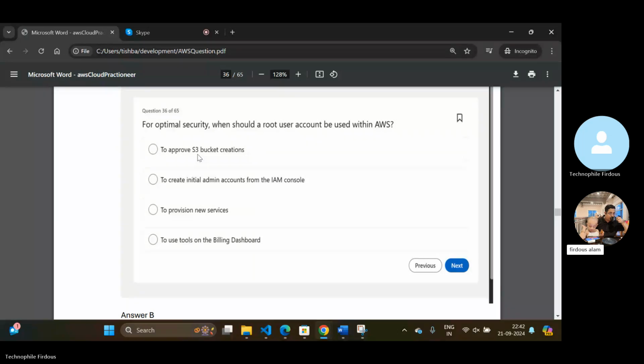To approve an S3 bucket, no, we can do it through an IAM account. To create an initial admin account from the IAM console. I think this is the correct answer because instead of the root user, we create an admin user which will have access somewhere equal to the root user, but the root user has some more access.